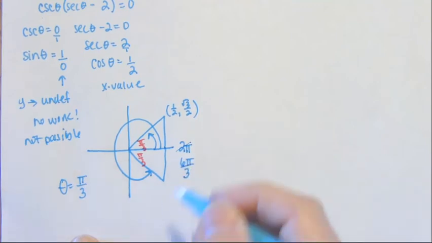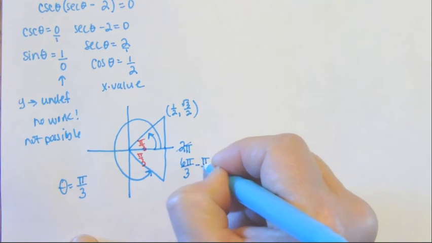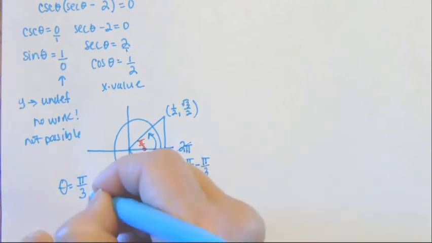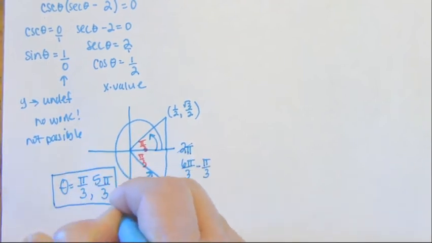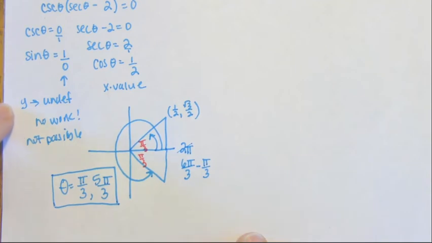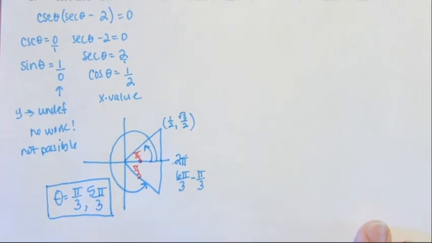It doesn't quite make it that far, so I'm going to do 6 pi over 3 minus pi over 3, and that's going to give me another answer of 5 pi over 3. So we could have actually ended up with more answers, but since that y was undefined, I didn't need to do anything with that. All right, take a look at the next one.